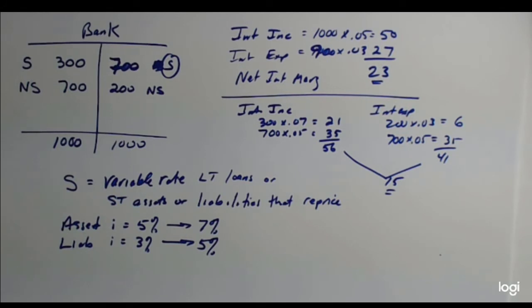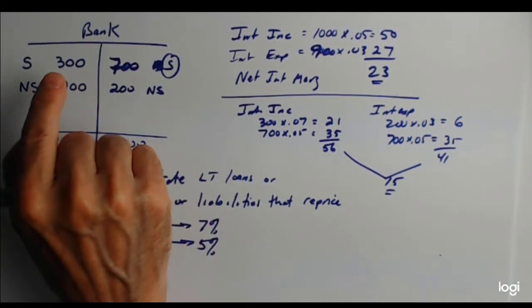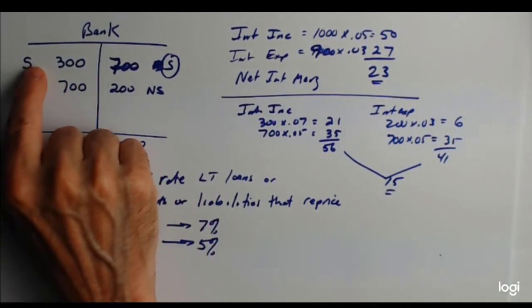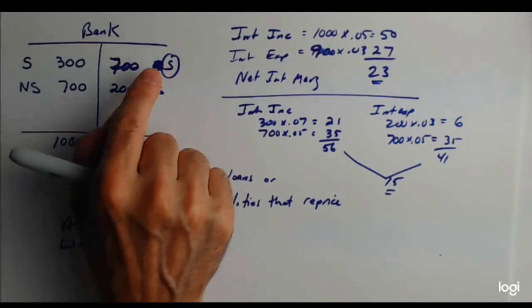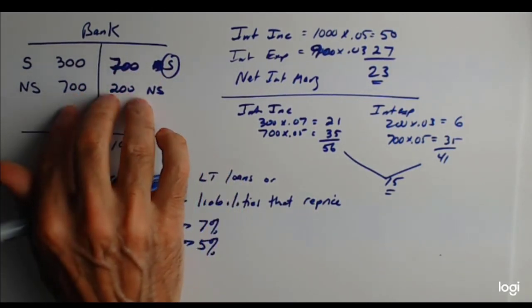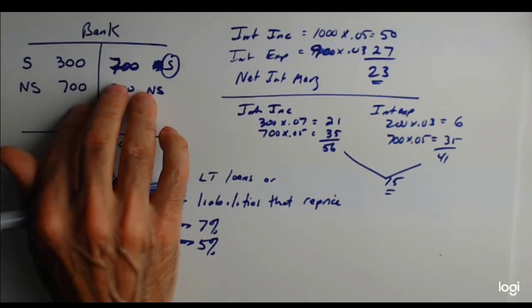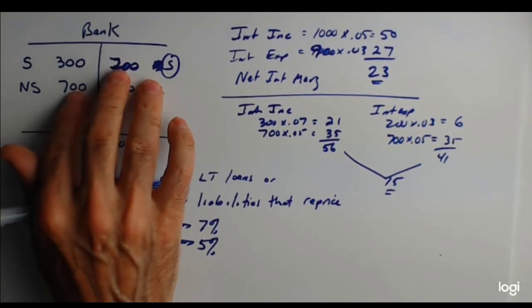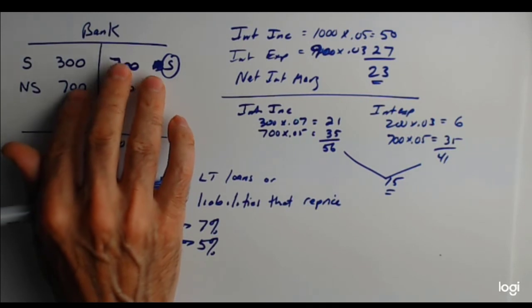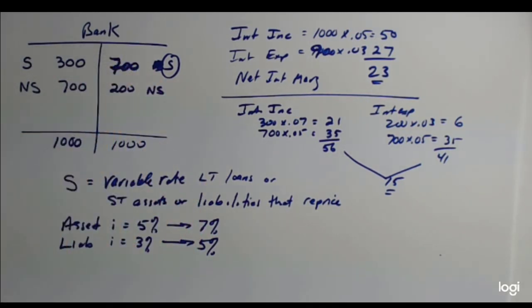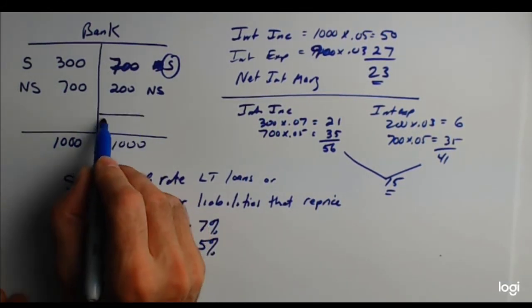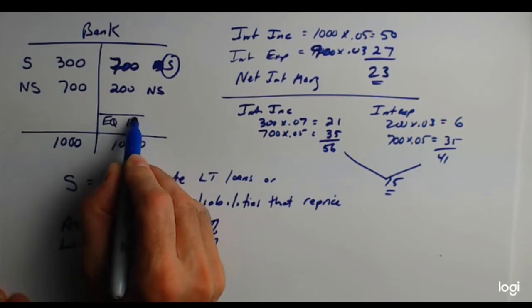So my point is that you should have a relative balance between your sensitive and non-sensitive assets and liabilities. And this is not balanced, obviously. This is part of interest rate management that banks are required to do. They need to keep track of how sensitive their assets and liabilities are to changes in interest rates. By the way, I forgot to put this in. There's equity of $100 here.